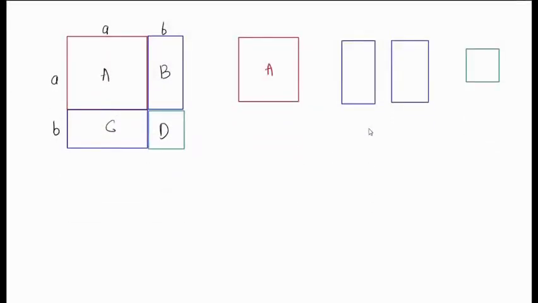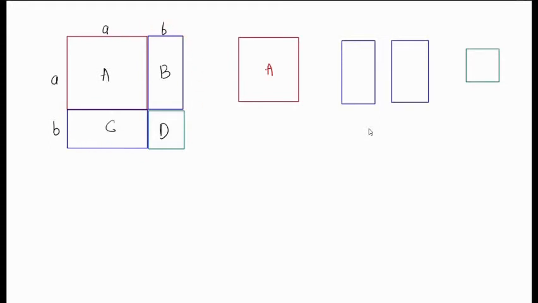Let's say we have a square here with different lengths. This side is A, this side is also A, this side is B, and this side is also B. What if I want to calculate the area of the whole square?